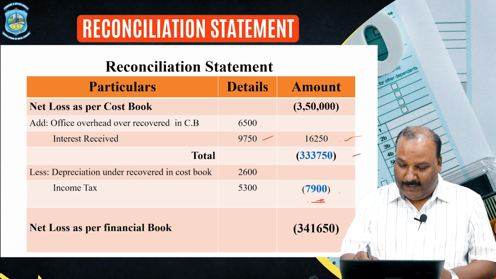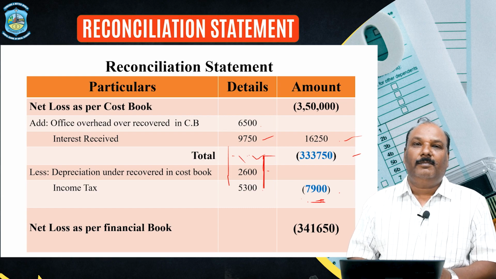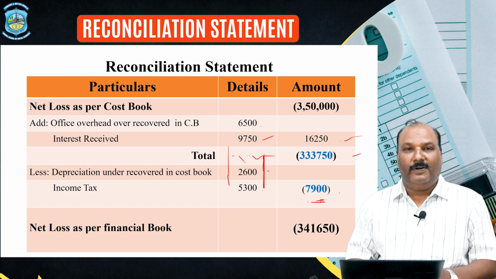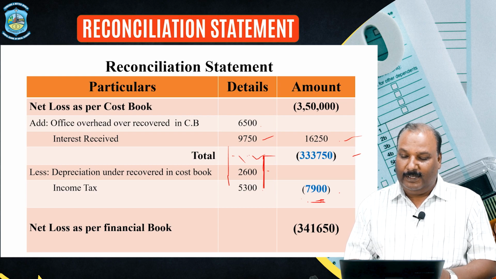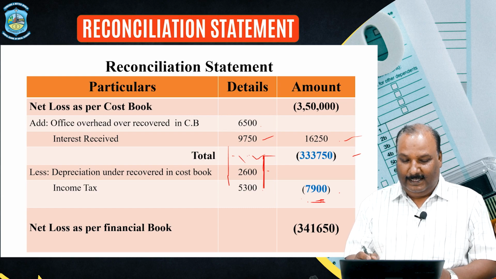Therefore, 2,600 rupees we will deduct. Income tax is an expenditure for the financial book, shown on the debit side of the profit and loss account. Due to this income tax, profit will decrease by 5,300 rupees. Therefore, we will deduct this 5,300 rupees.